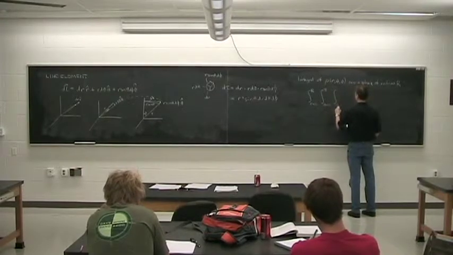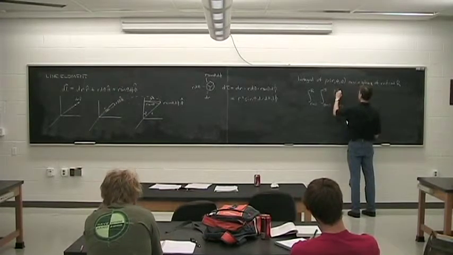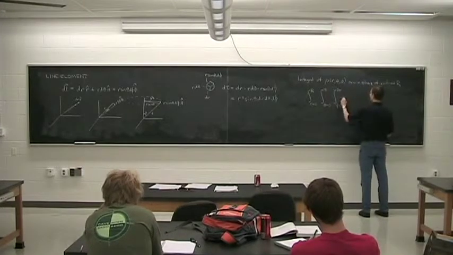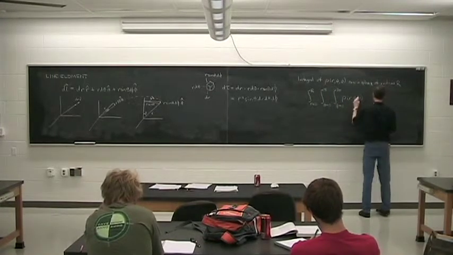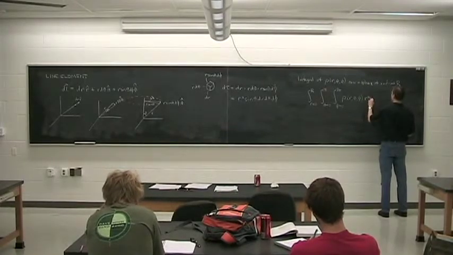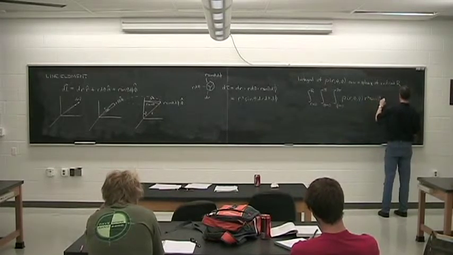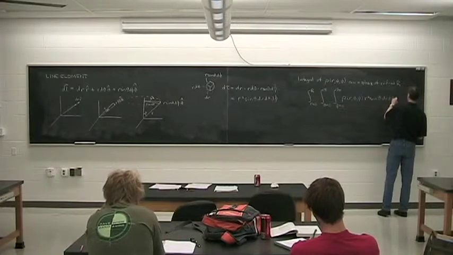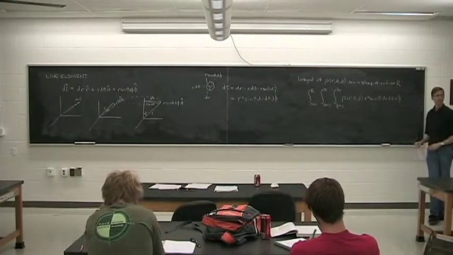And phi, on the other hand, goes from 0 to 2 pi, of the integrand rho of r, theta, phi, times the volume element, r squared sine theta dr d theta d phi.